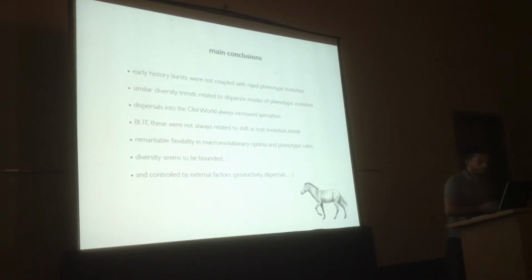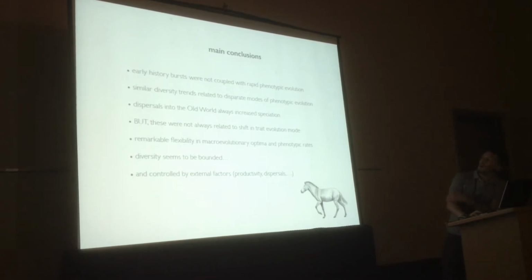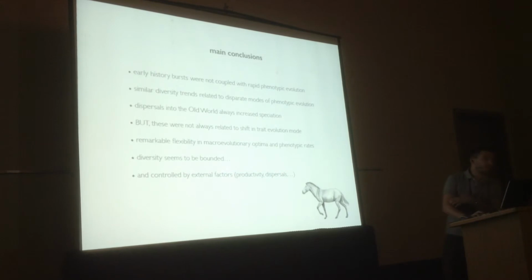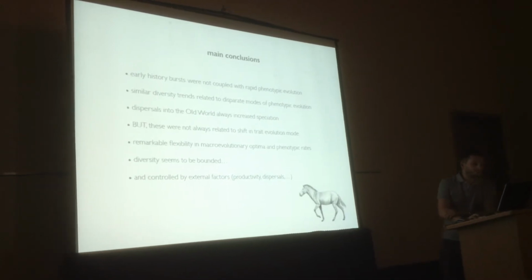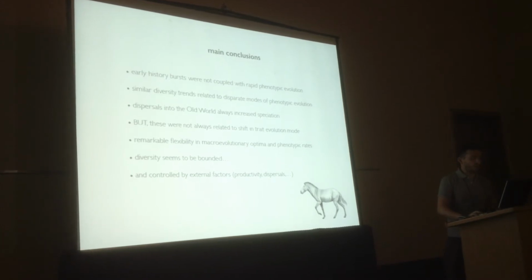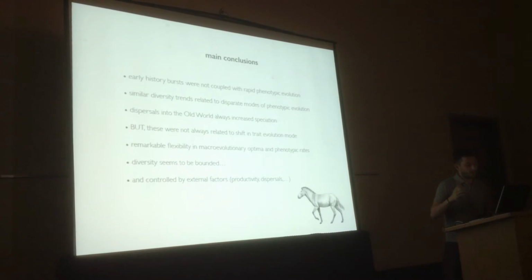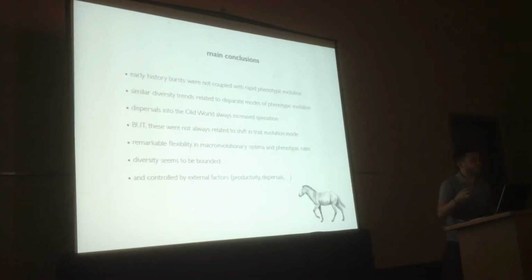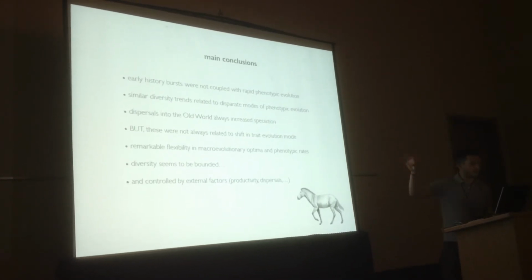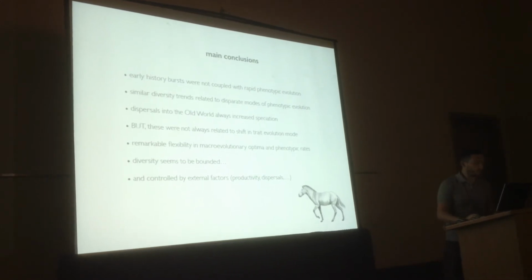So the main conclusions are that early bursts were not coupled with rapid phenotypic evolution, meaning that we can rule out this idea of a really adaptive perspective for the early radiation of horses and those radiations that came later when these animals entered into the Old World.